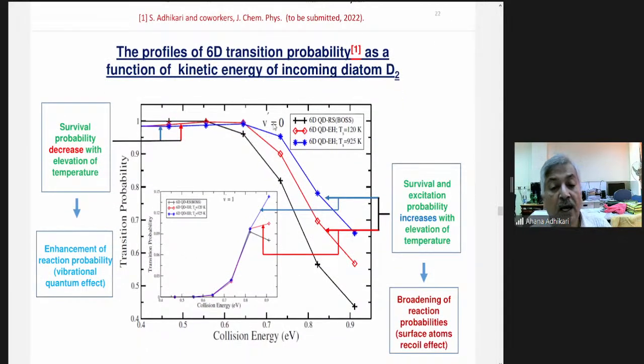If you go from lower temperature to higher temperature, you can see that at higher temperature the survival probability is more, because there is an energy transfer from the molecule to the surface, and that's why it is happening, and that's why broadening is happening, and that's why there is a barrier created because of the frequency of the surface mode, and that frequency actually created the broadening.